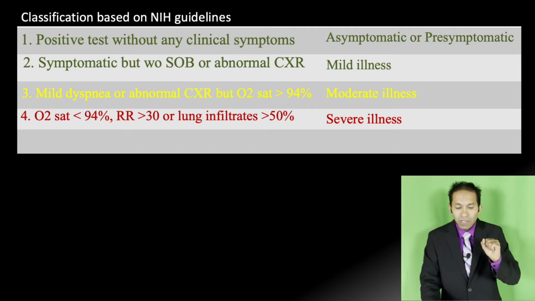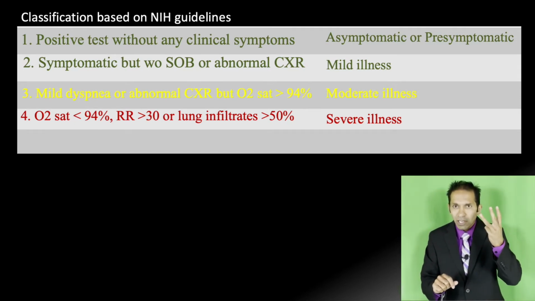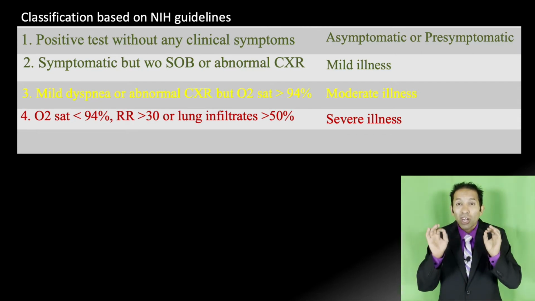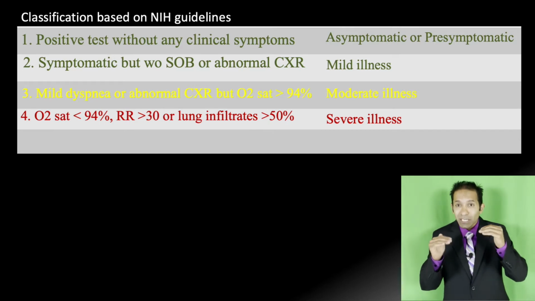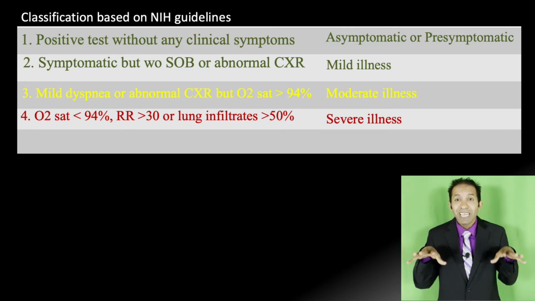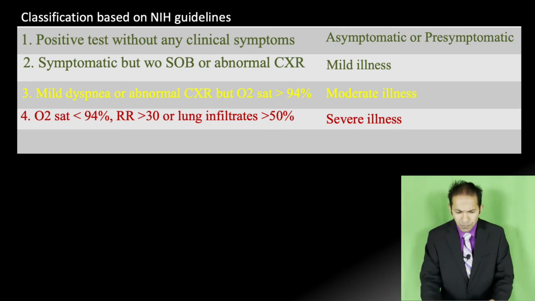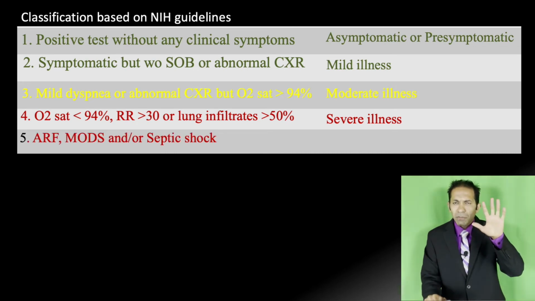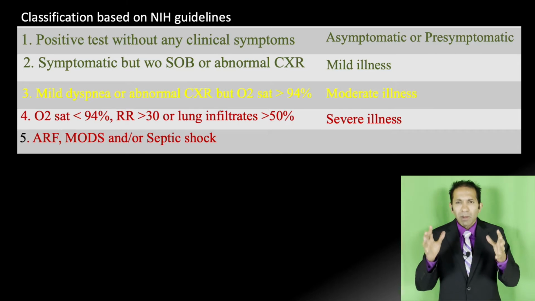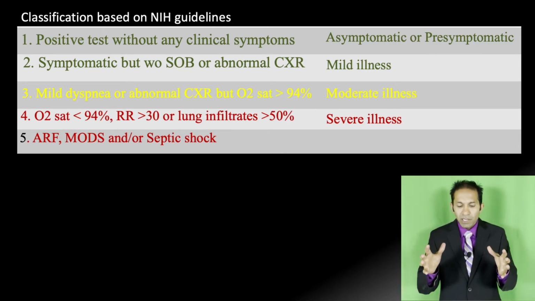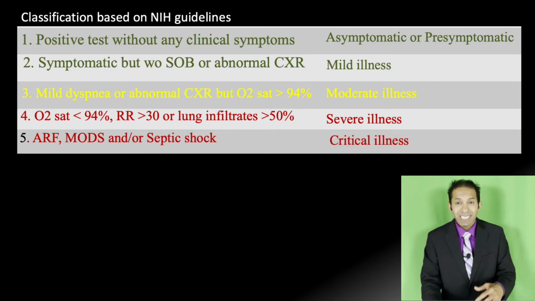Our patient had severe illness: his oxygen was 92%, he was tachypneic, he has lung infiltrates, and he was short of breath at rest. Patients with severe illness might have shortness of breath at rest. Classification number 5: patients who have acute respiratory failure, multi-organ failure, or septic shock, we label them as critical illness.